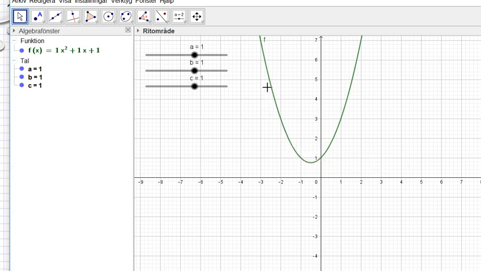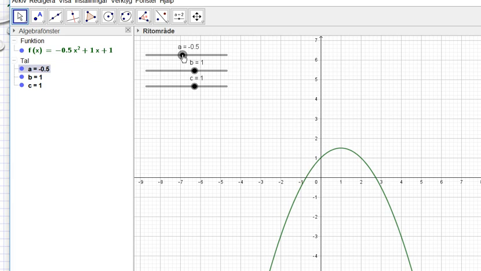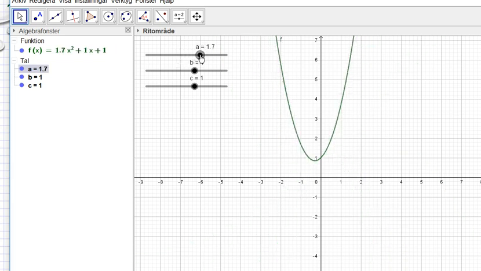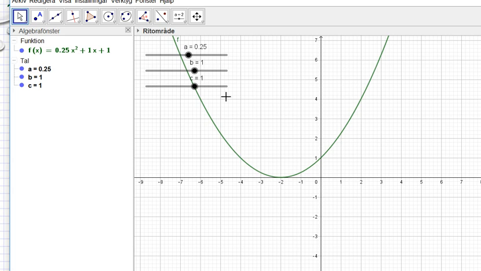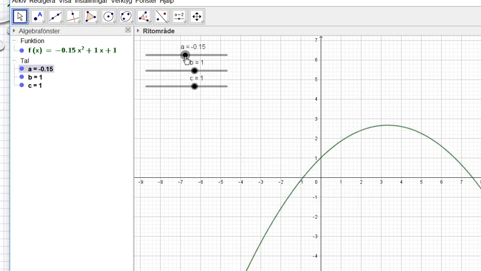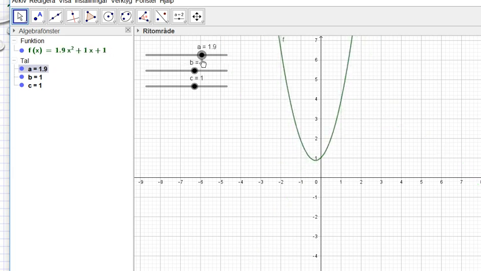Root means that this graph crosses the x-axis, but right now it does not. Either we only have one root, which is what we call a repeated root or double root, or it can be two or nothing. This one is what we called before no real solution.